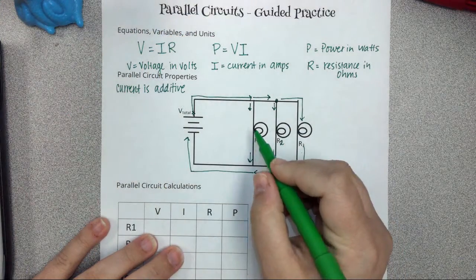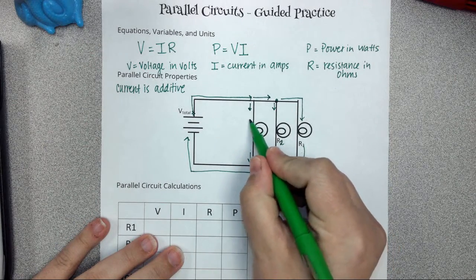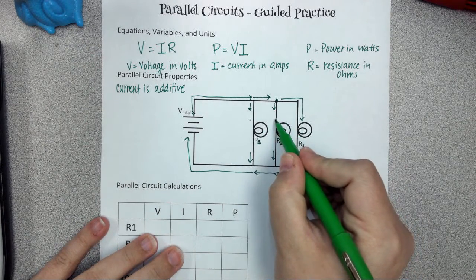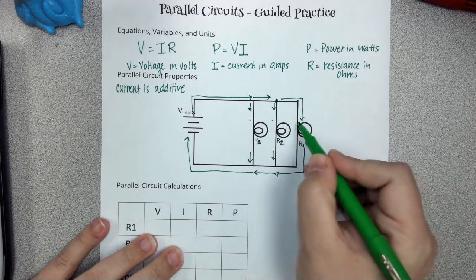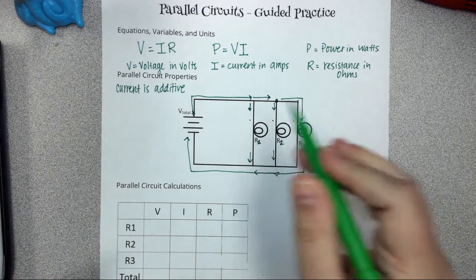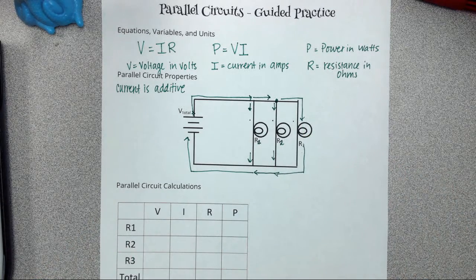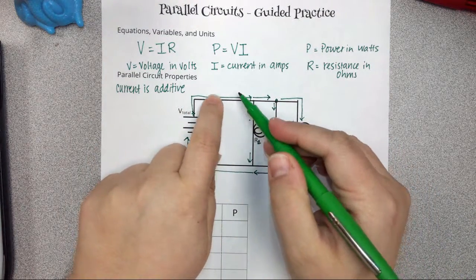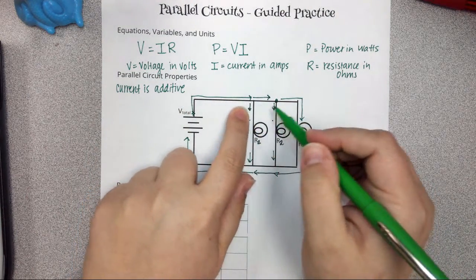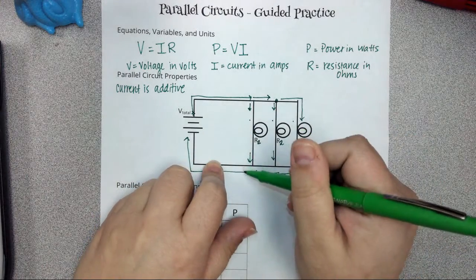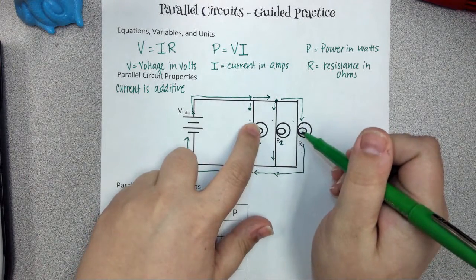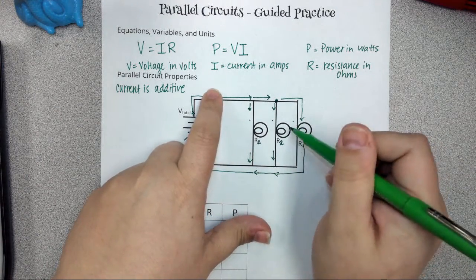That means that the flow rate of charge in branch 1 added to the flow rate of charge of branch 2, added to the flow rate of charge of branch 3 is the total flow rate of charge. Basically, they start together, that's where you have the total, then they split up, but they come back together. So these have to equal what they started out with when you add them up.